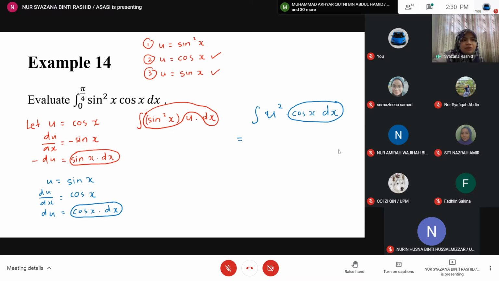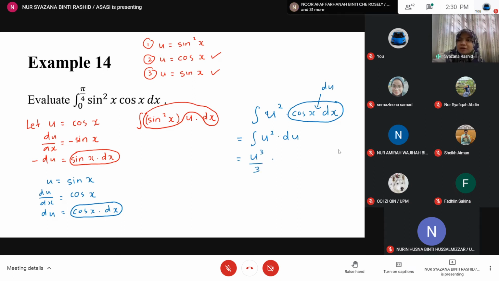Then we continue. This one actually can be changed into du. So what happened? It is u power 2 du. We apply the formula, you have u power 3 over 3.